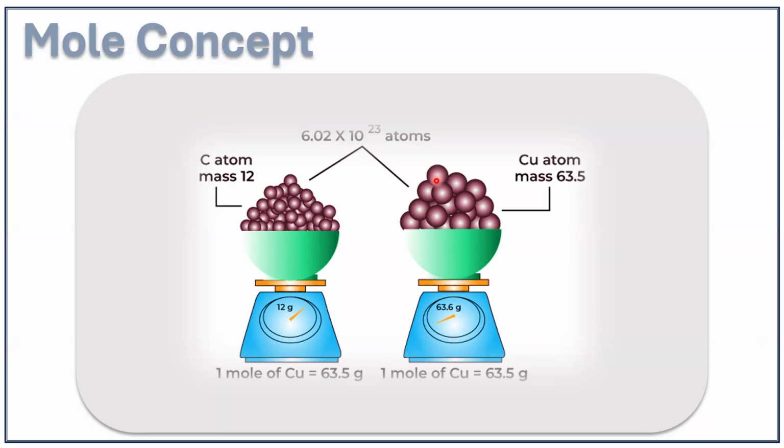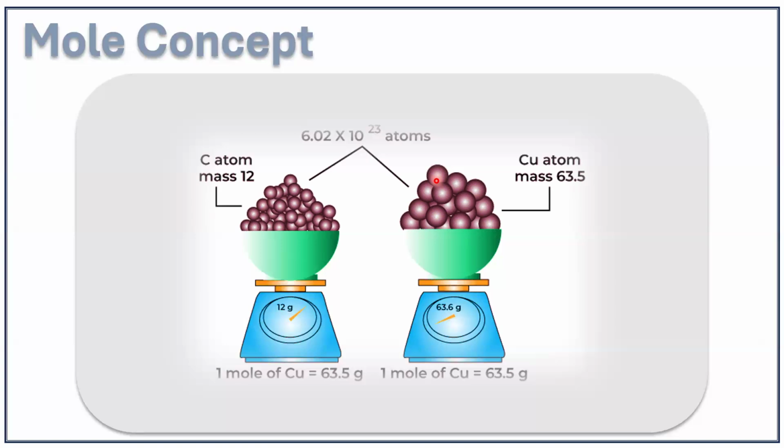In another vessel, I have 1 mole of copper atoms. Which is heavier? How will you calculate? Just consider the atomic mass of carbon and copper. Atomic mass of carbon is 12 AMU and atomic mass of copper is 63.5 AMU.